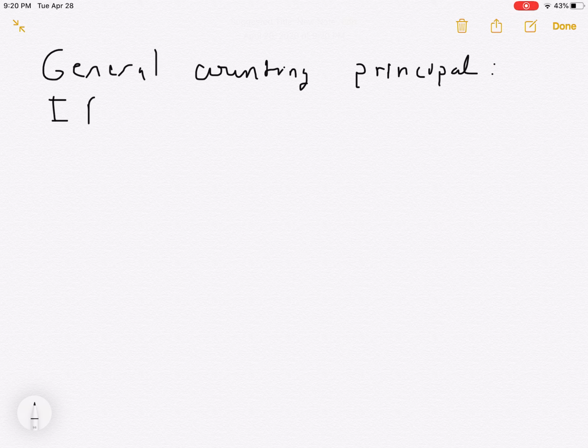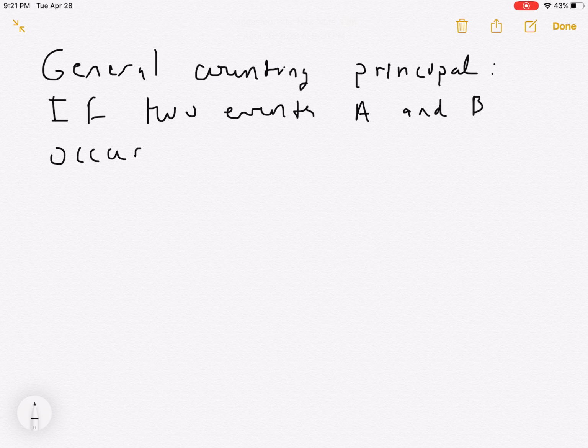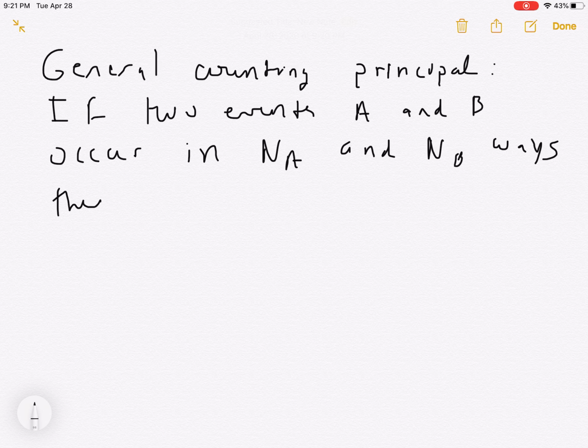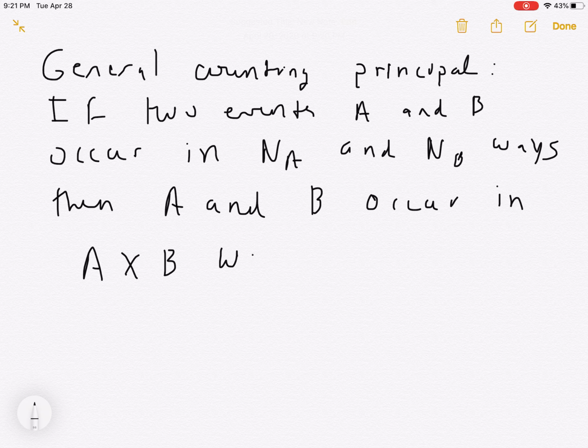If 2 events A and B occur in N sub A and N sub B ways, then A and B occur in N sub A times N sub B ways together.